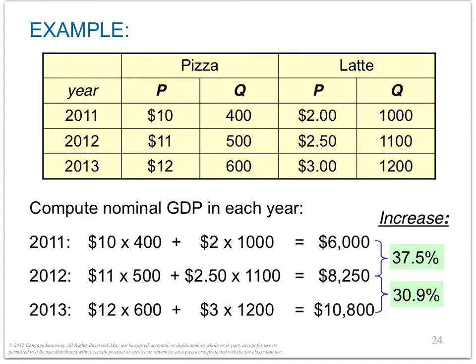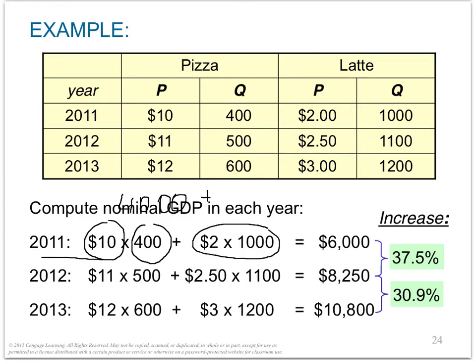So the total expenditure in this economy for 2011 is the price per pizza times the total pizza sold, which is 4,000. Plus, we are not done yet because we have one more good: $2 per latte times 1,000 lattes sold. So the value of latte in 2011 is 2,000. The sum of these two numbers, which is 6,000, is the total expenditure in 2011.